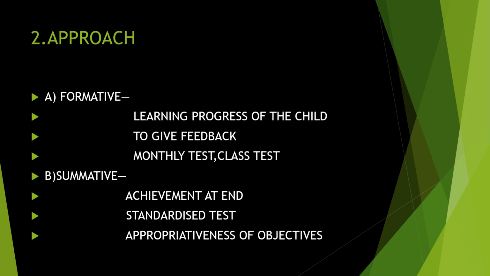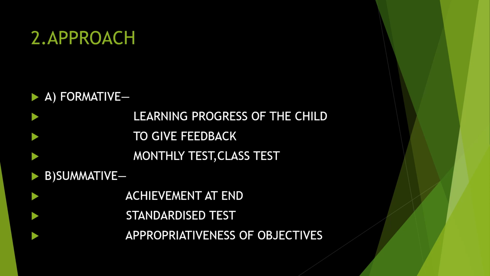It can be a monthly test, or the teacher can take a class test by simply asking two or three questions, objective questions or short questions, or she can ask them to write. It is clear whether the child is able to understand up to that level or not. So formative is a progressive process, and while taking the class itself we can do the evaluation. That is what we are doing in the formative level.